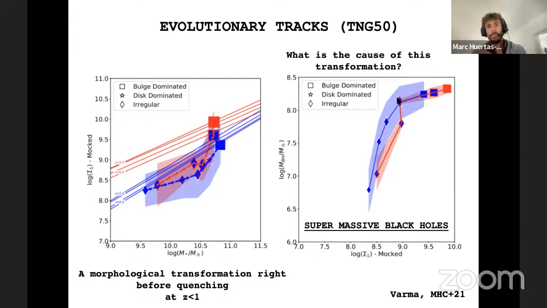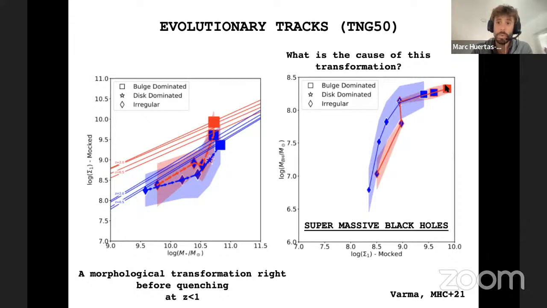At some point in the TNG model, when the black hole reaches a critical mass, the accretion gets lower, and the feedback from the black hole into the galaxy becomes ejective, and it very efficiently quenches the galaxy. You can see here that when you change the regime, the black hole doesn't grow that much.